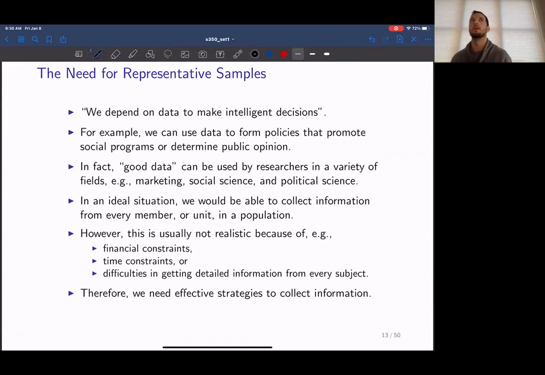I think one of the justifications for studying statistics in the first place is that using data and being able to interpret and analyze raw data can help inform, for example, policy and how you behave during certain time periods. So we need to understand how to collect reasonable data, and we need to understand how to analyze data.